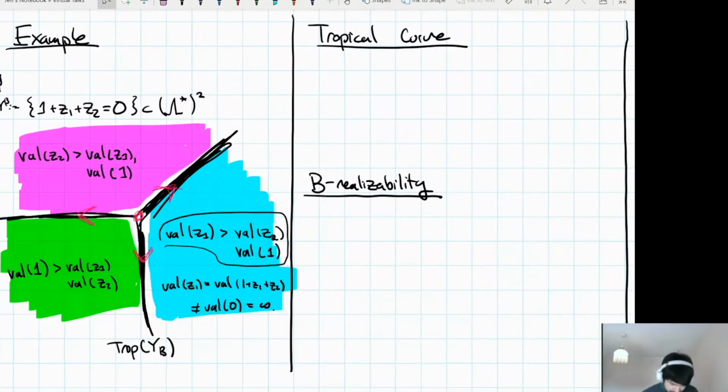Or maybe actually I will need it. Okay, so one of the simplest types of tropical objects that you can study are tropical curves. So what are these?